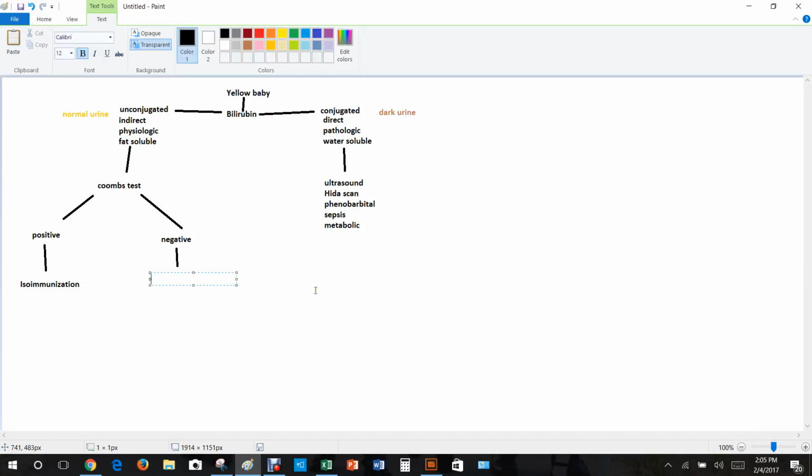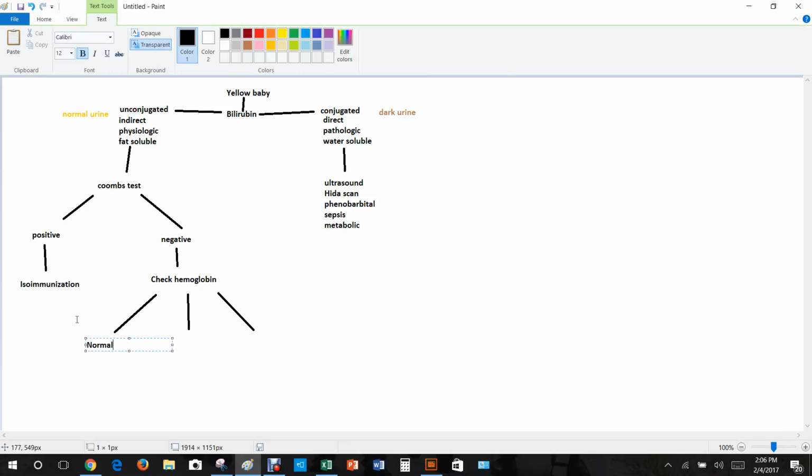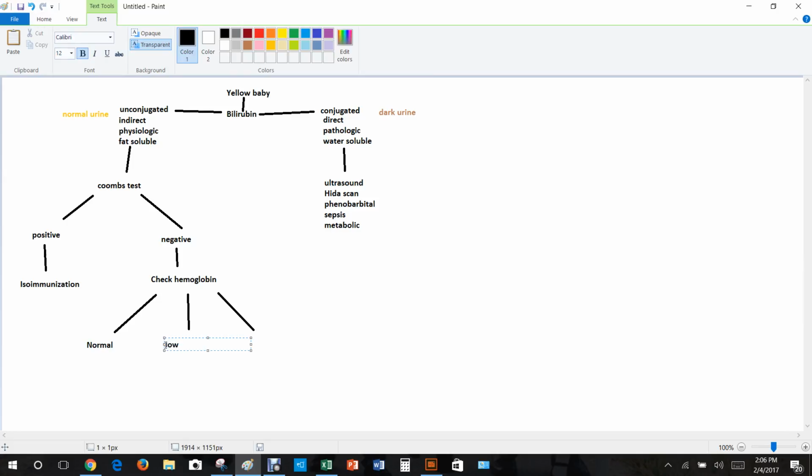then we need to look at the hemoglobin. Okay? So now there's a couple options here. The hemoglobin can be normal, it can be low, or it can be high. Okay? So like I said, it can be normal, or it can be low, or it can be high.